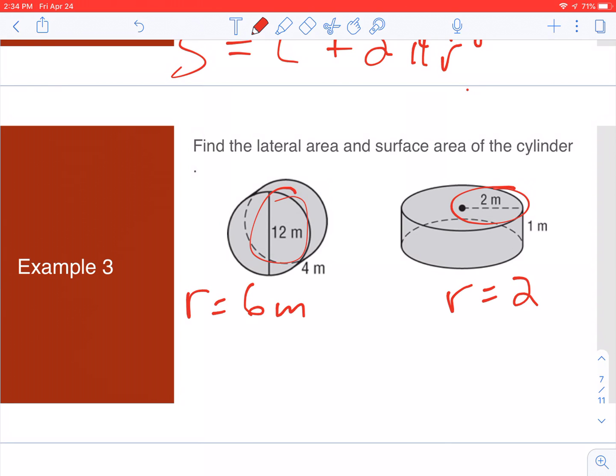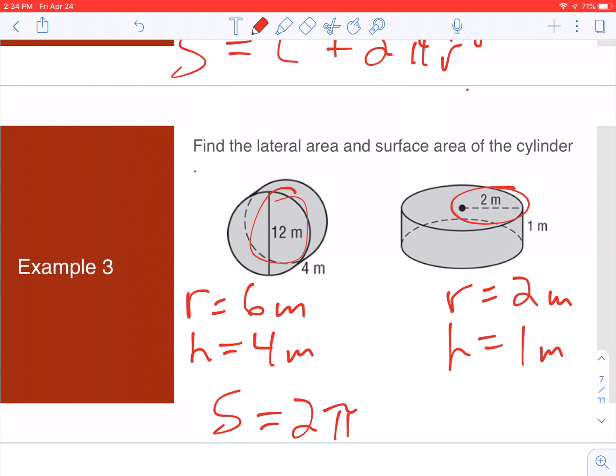The height here will equal 4 meters because it's the distance between the two bases. 12 is not the height, 12 is the diameter. Over here, the height is 1. Then I'm going to plug it into my equation again. Surface area equals 2 pi r h plus 2 pi r squared. You just plug in r and h, calculate it out in your calculator, and find the right answer.